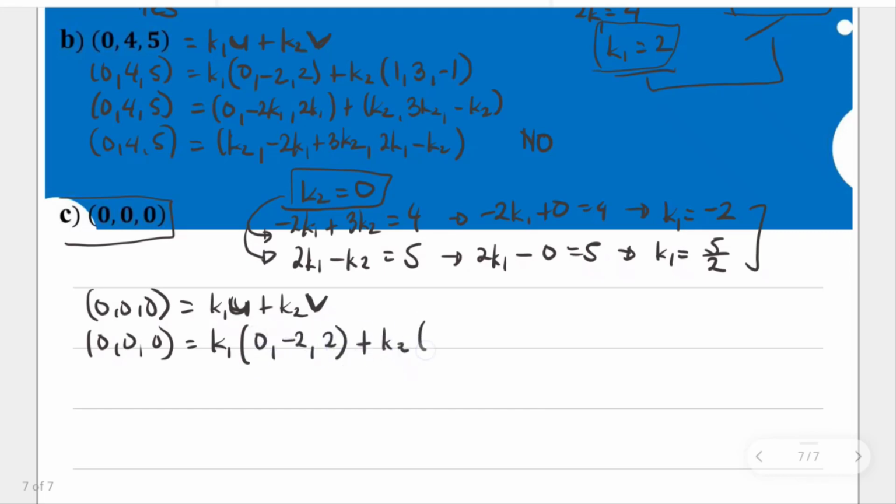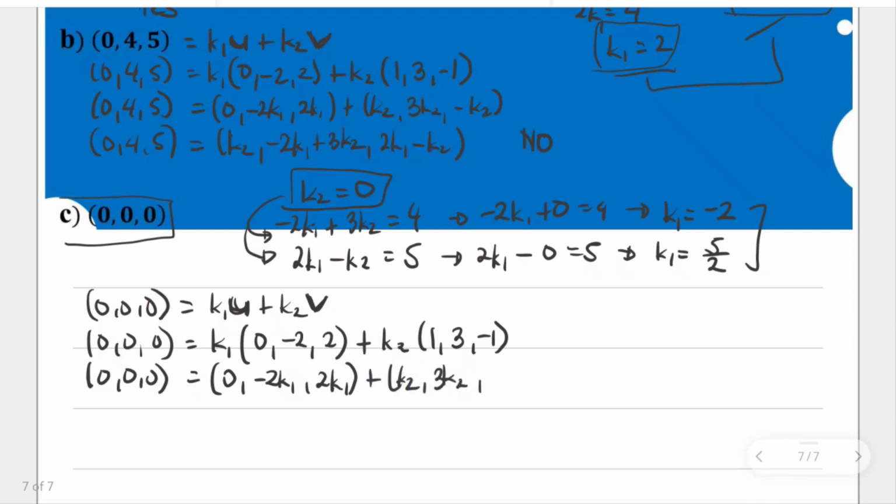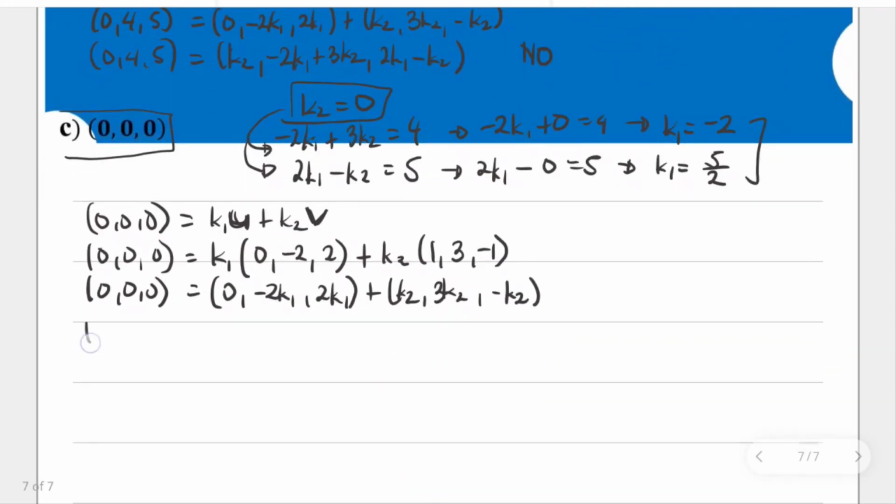Plus k sub 2, your v is 1, 3, and negative 1. 0, 0, 0. Distributing your k sub 2 and k sub 1 scalars: 0, negative 2k sub 1, 2k sub 1, plus k sub 2, 3k sub 2, and negative k sub 2. Then vector addition, 0, 0, 0.